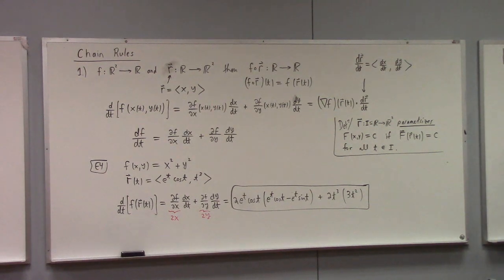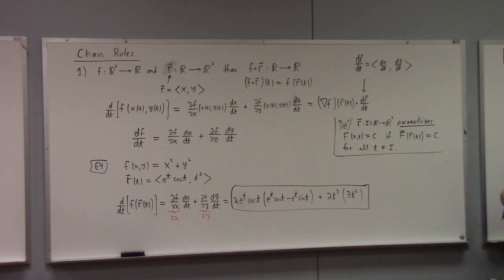Here's the calculation. We're given that f of r of t is equal to a constant. This is what it means to parameterize the level curve. Differentiate this equation, what happens? Well, now we know the chain rule.